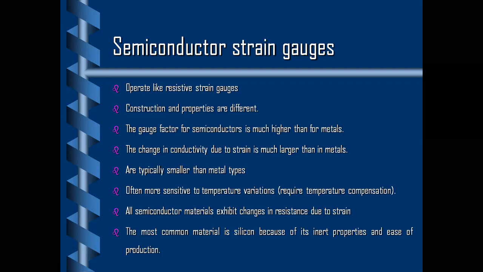So what is that? Conductivity, electron based. Semiconductor means it is based upon electrons, and we are going to see how. Depending upon the conductivity, a much larger change will take place compared to the metal type of strain gauge.